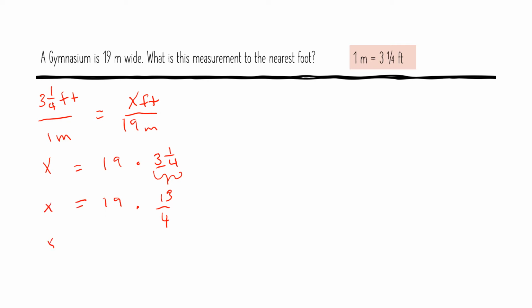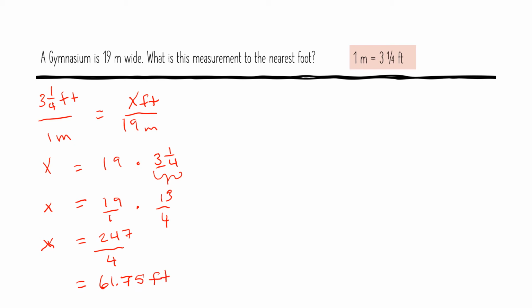19. So x equals, when we multiply fractions, we do top times top, bottom times bottom. 19 times 13 is 247. 247. And 4 times 1 is 4. Now simplify that to become 61.75 feet.